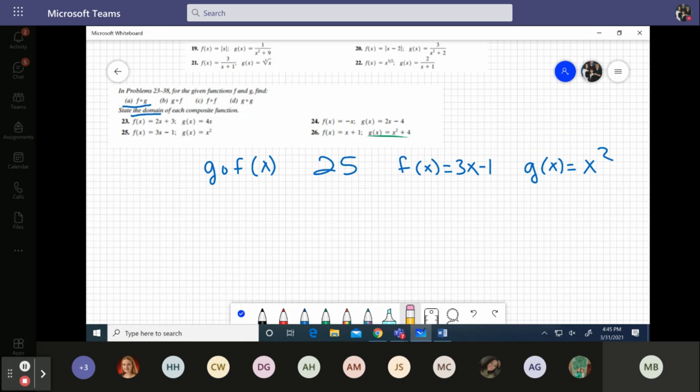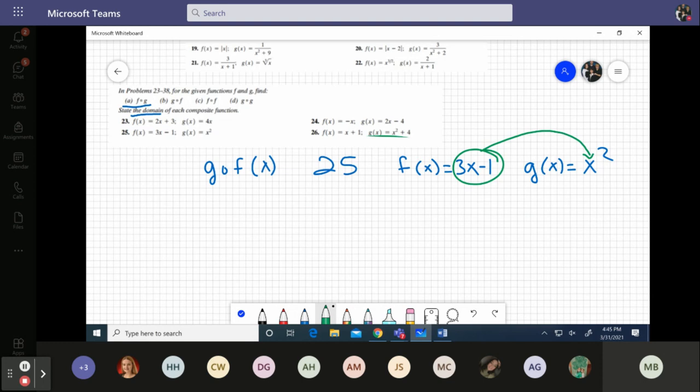I want g of f. So I'm going to put f of x into wherever I have an x in my g of x. So g of f is going to be 3x minus 1 squared.